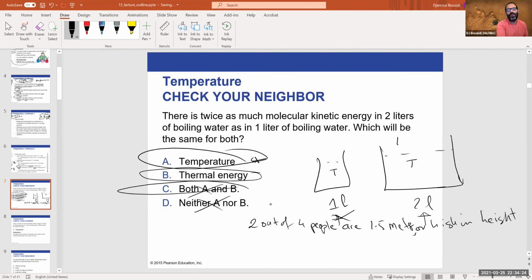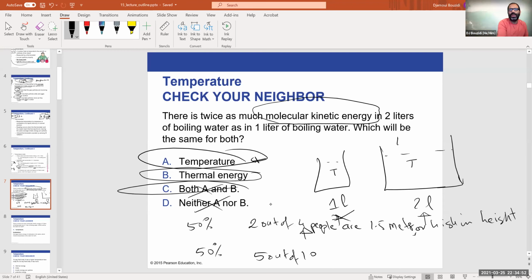That means if I bring not 4 people but 10 people, then I don't really have 2 in this case. I will have 5 out of 10. So the average is still the same. This is 50%, and this is 50%. And that is exactly what temperature is measuring. It's measuring the average of this molecular kinetic energy. So if you double the amount, you are not doubling the temperature. The temperature is the same.